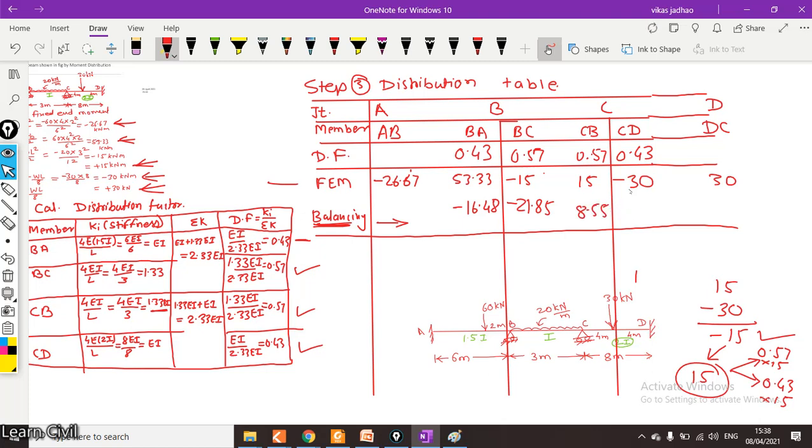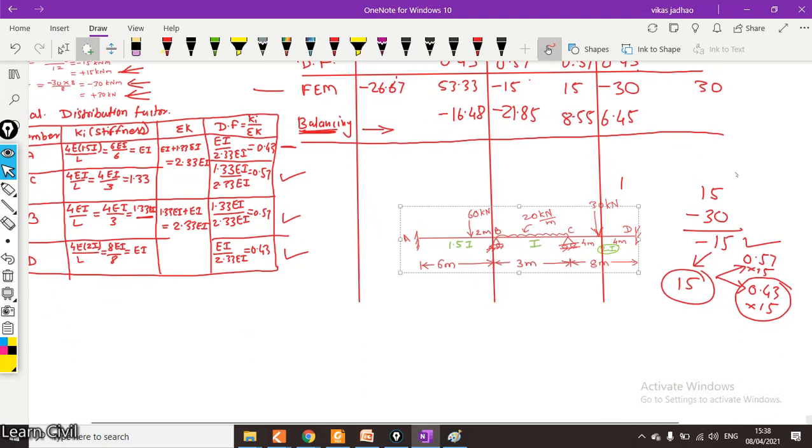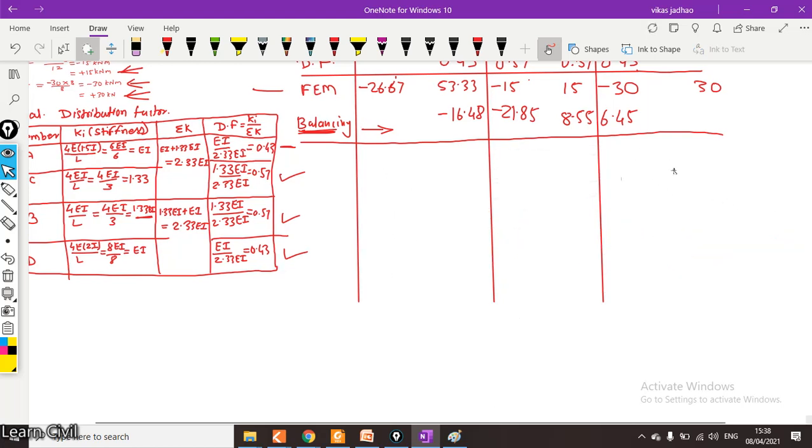And here the balancing moment will be 0.43 into 15, so 15 into 0.43, which is equal to 6.45. Okay, is it clear? This is called balancing of joints.